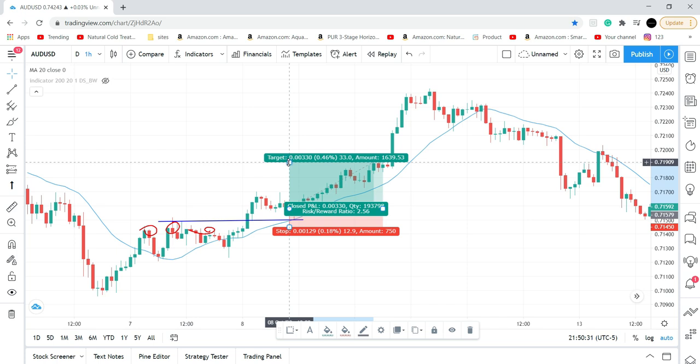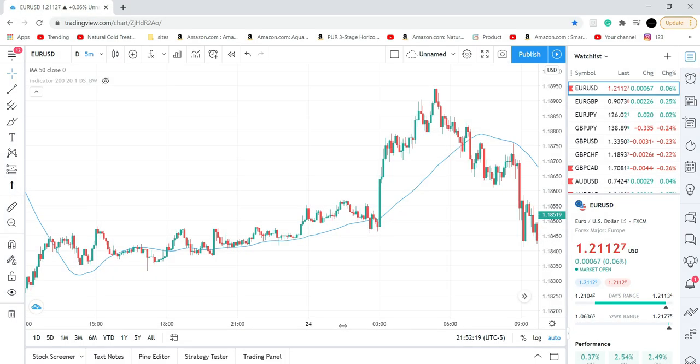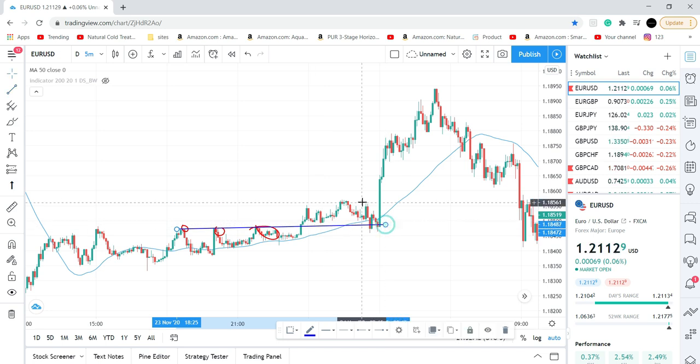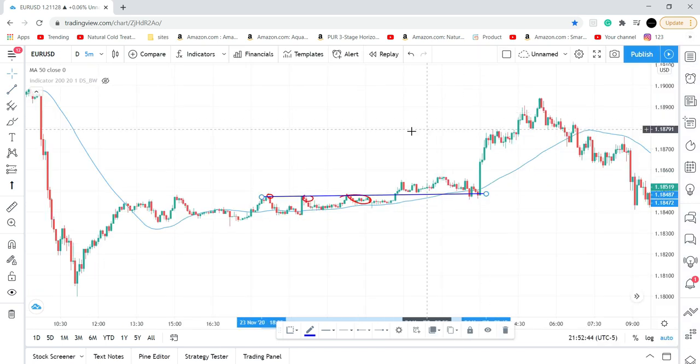Now, let me show you guys another example. Okay, guys. Now, this is a 50 moving average. I told you guys in the beginning we're going to use the 20 or the 50. You can use both. We have here the market above the 50. We have support right here, and we're looking for price to come back to this area, and we're looking for price to line up right with the 50.